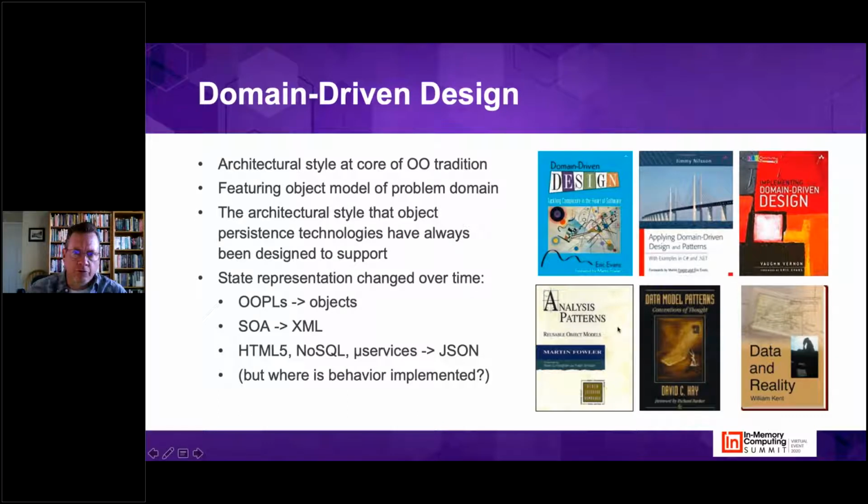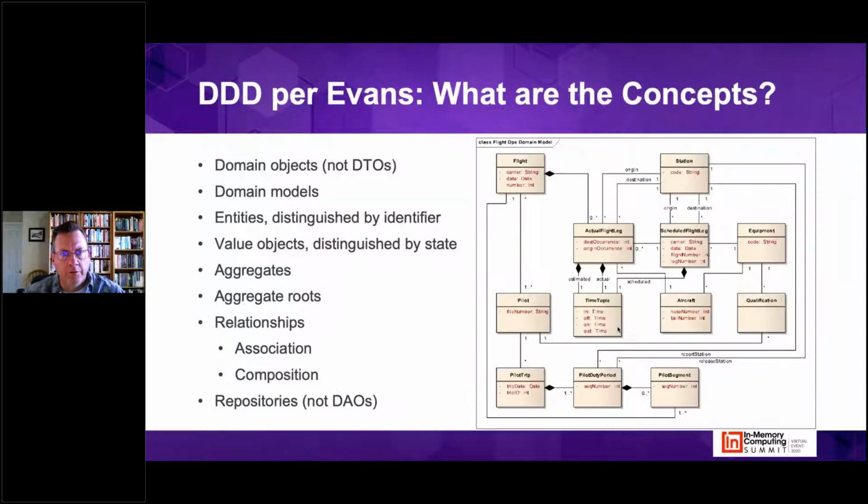So this is a pretty old tradition in software development, and it's very popular now. If you look, there are conferences dedicated to domain-driven design, and there's a book about how to do it in every possible language, PHP, .NET, etc. So that's domain-driven design. Let's talk about the concepts that are in it.